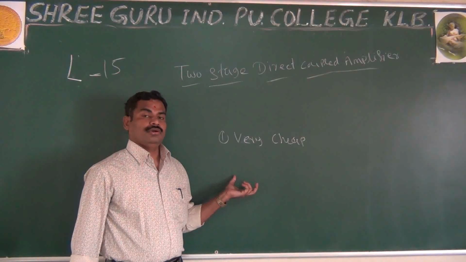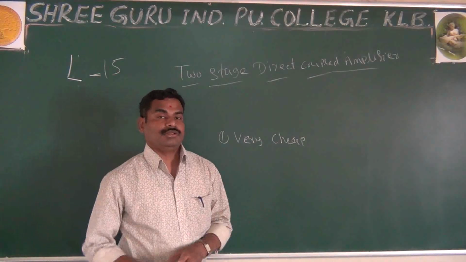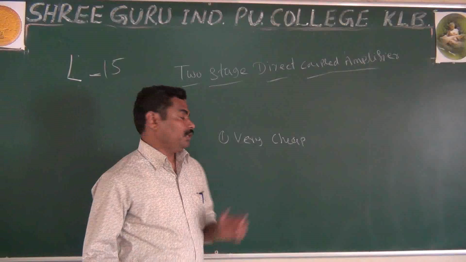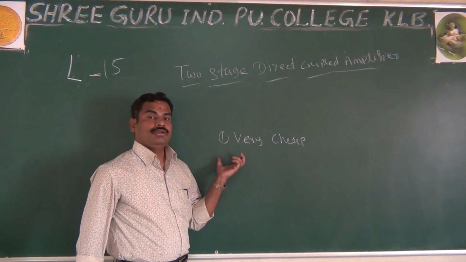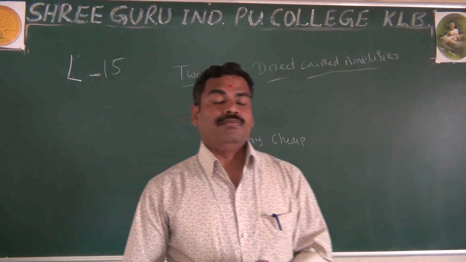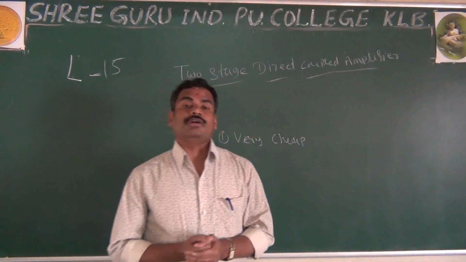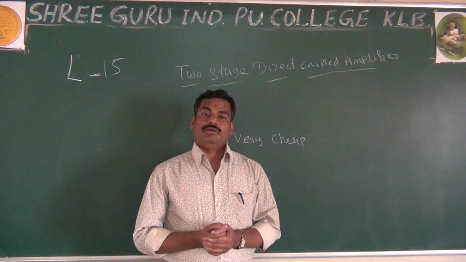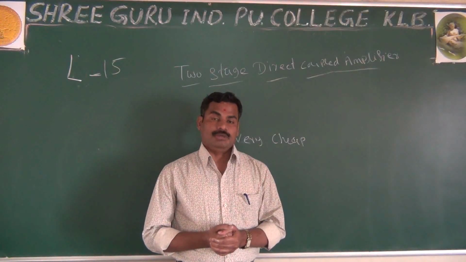Whenever you want to amplify low frequency, you use the direct coupled amplifier. You are not using any bypass or coupling capacitor. These are the advantages of your direct coupled amplifier.